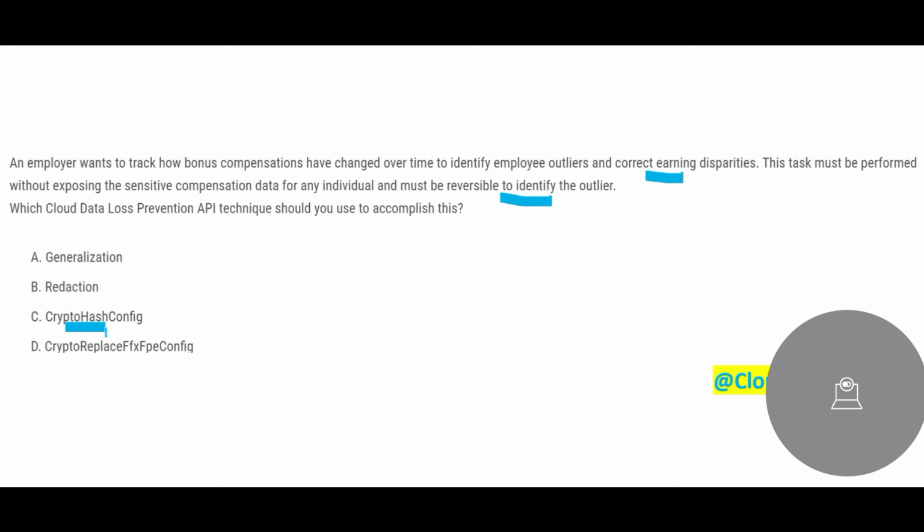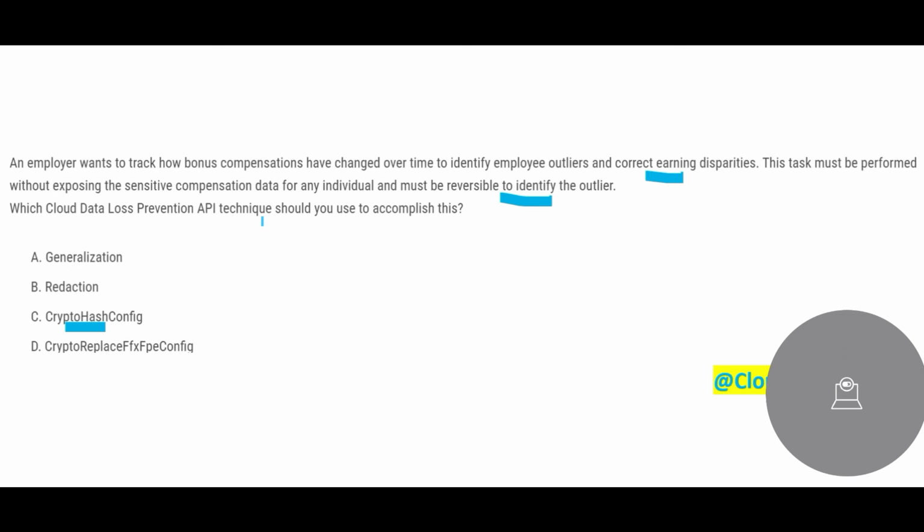It will classify the data and then say, I found this sensitive data, so now I have to use a hashing algorithm to hash it so that you cannot see the sensitive data. But this is more accurate than redaction. And generalization will just replace with general values.